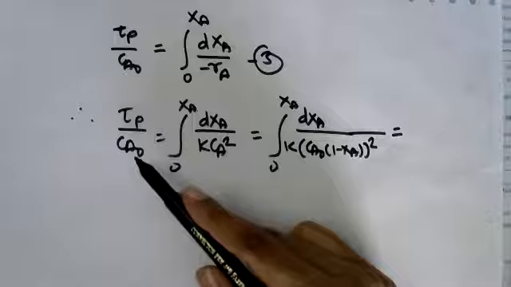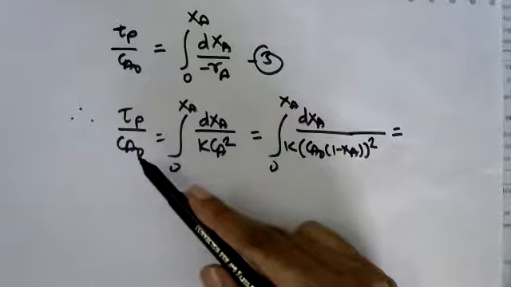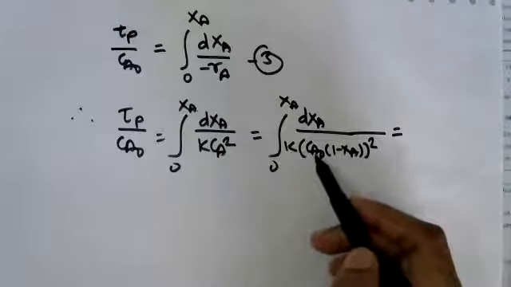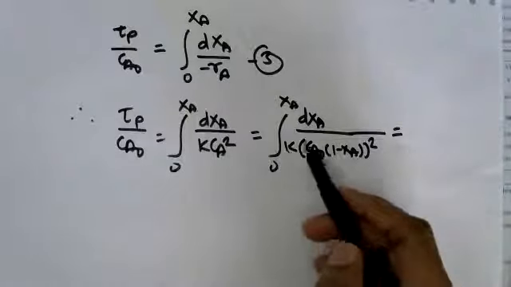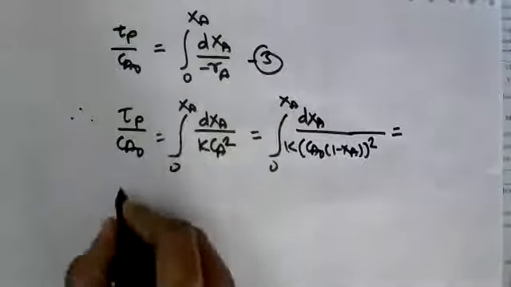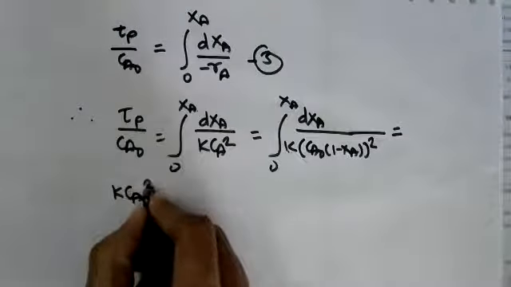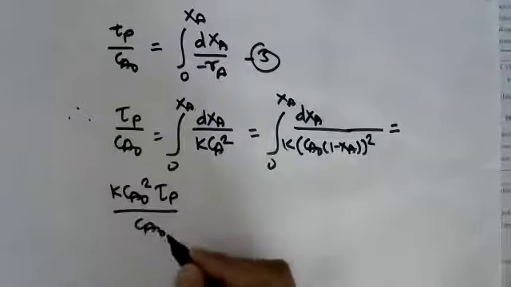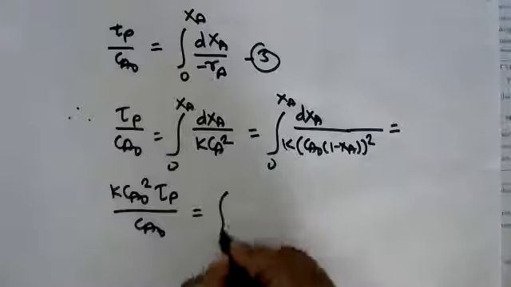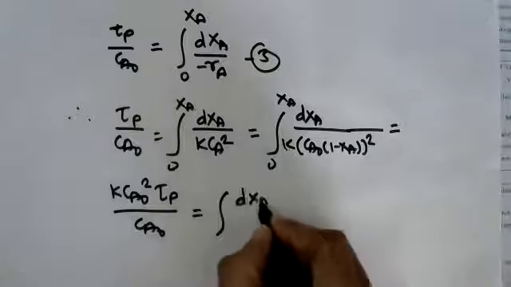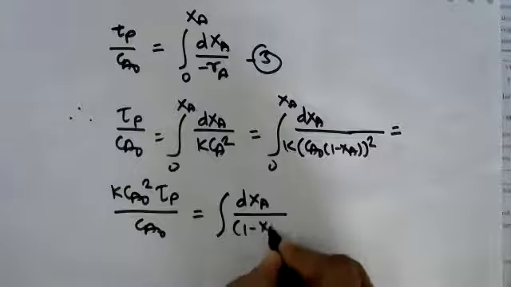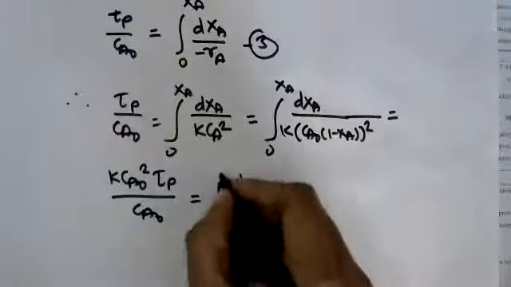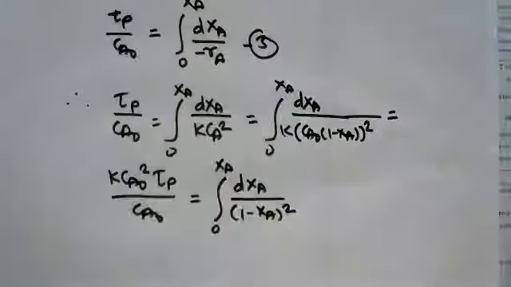One Ca0 is there on the LHS, so one Ca0 will get cancelled, and taking this k Ca0 square to this side, we get k Ca0 square tau p divided by Ca0 is equal to the integration of dXA upon (1 minus XA) bracket square from 0 to XA.